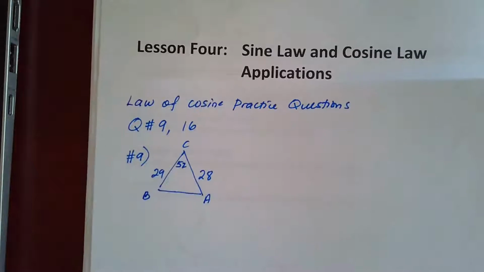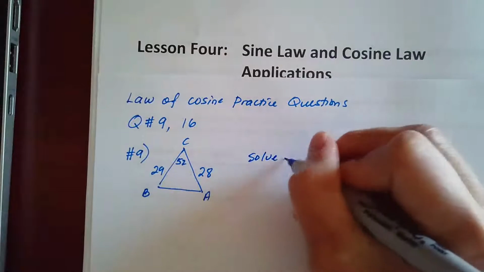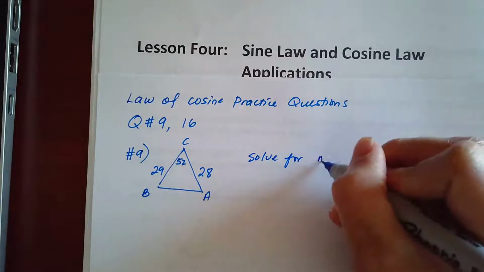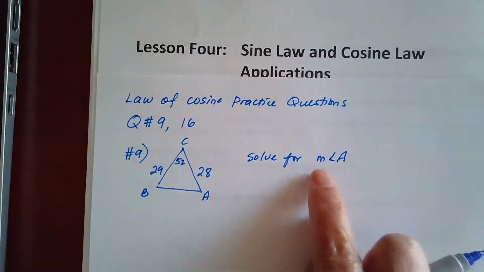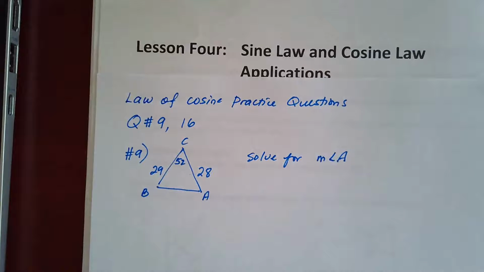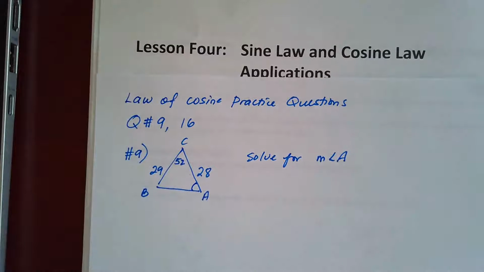What the question is asking is to solve for the measure of angle A. There's a little m there on the page. Basically, it just says measure of angle A. So how big is angle A, which is right over here.